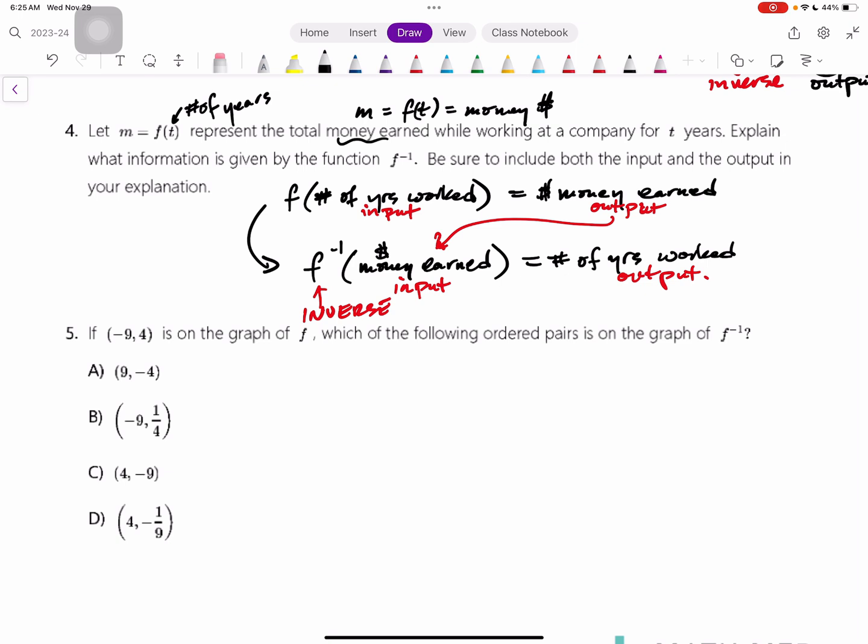Okay, number 5. If negative 9, 4 is on the graph of f, which of the following ordered pairs is on the graph of f inverse? Remember, this is the inverse notation.